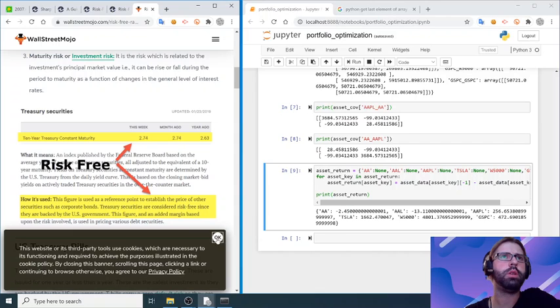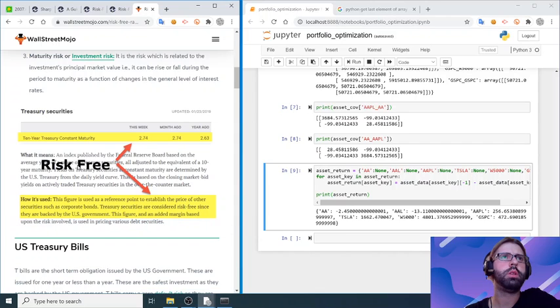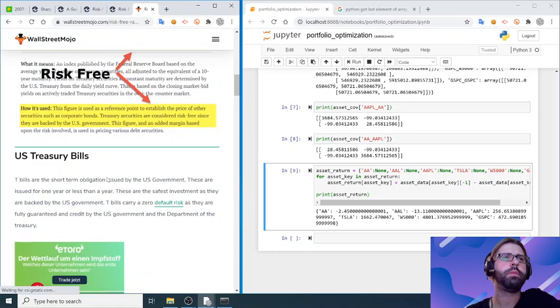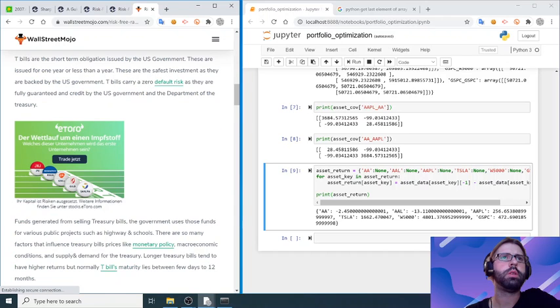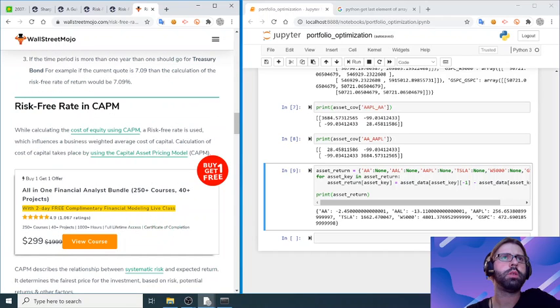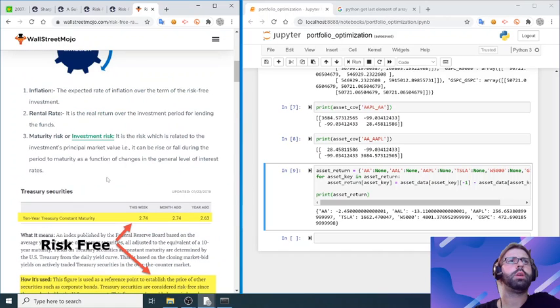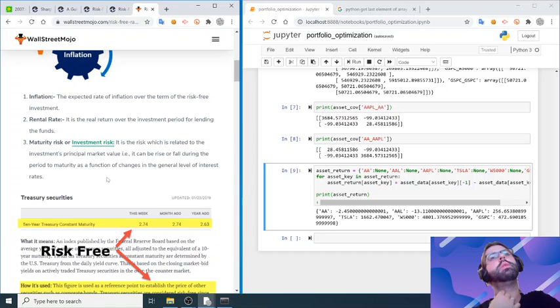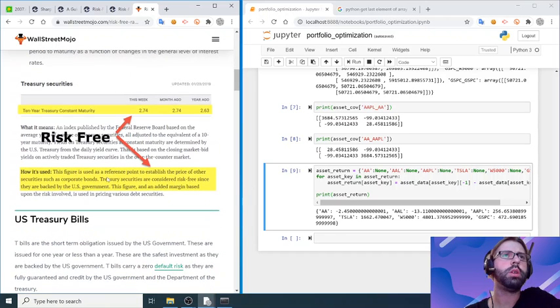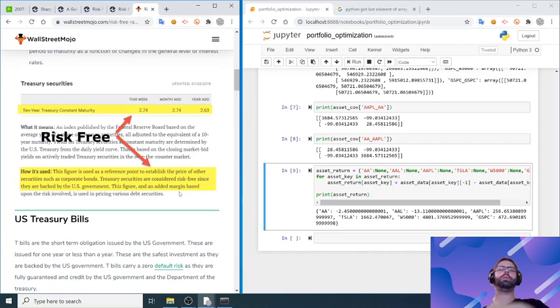Risk-free rate. 10-year Treasury constant maturity. Treasury securities are considered risk-free since they are backed by the US government.